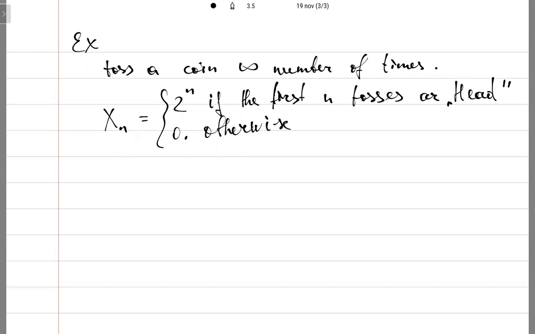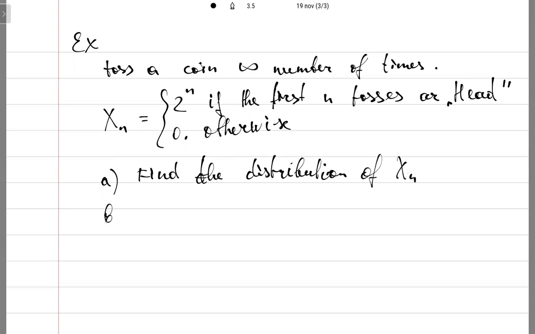My first question: find the distribution of X_n. Second question: check whether X_n converges to 0 in probability. Third, check whether X_n converges to 0 in L2.